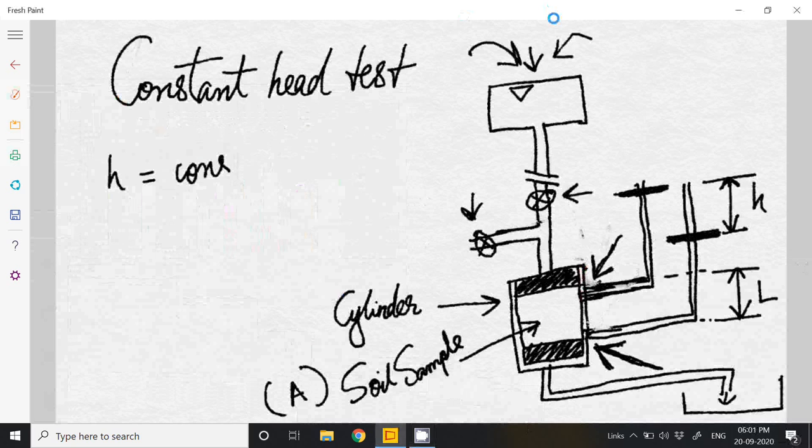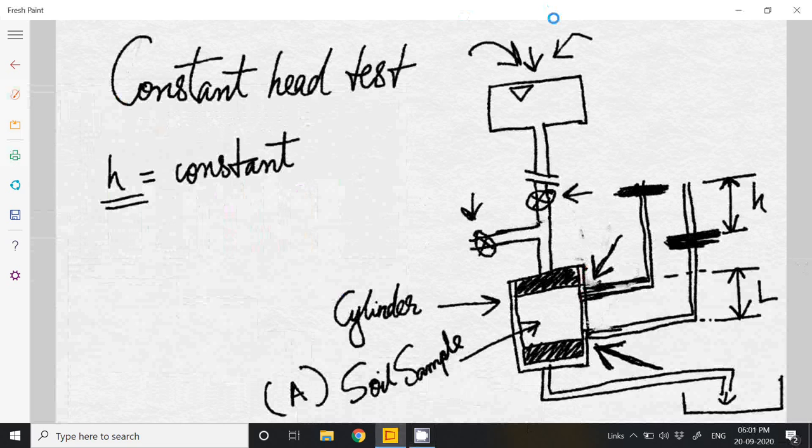From the starting, the head varies a little bit. H varies for a certain time, and after a certain point of time, the difference between these two levels becomes constant.